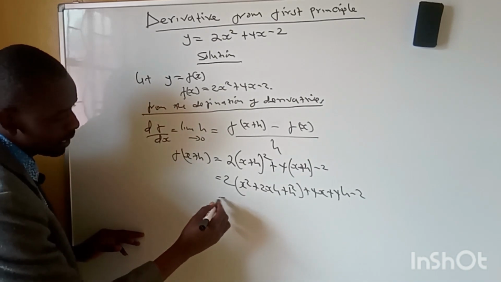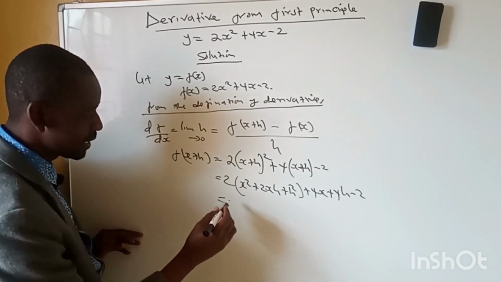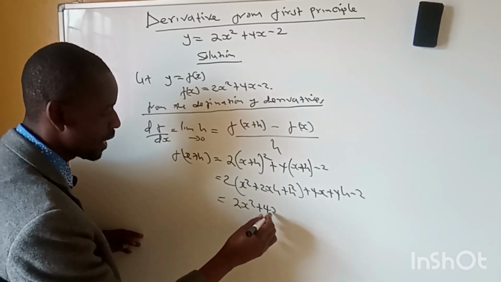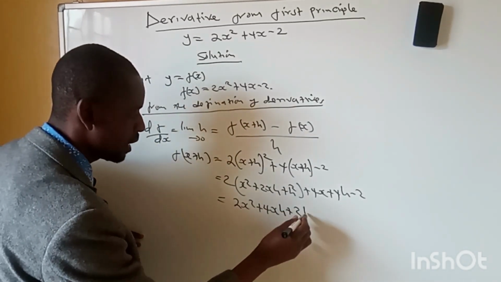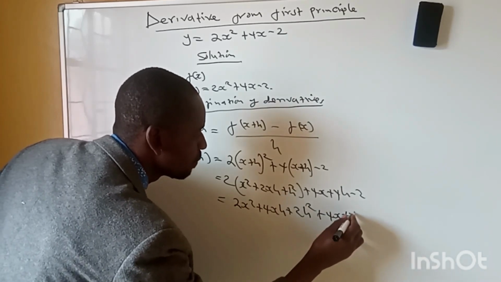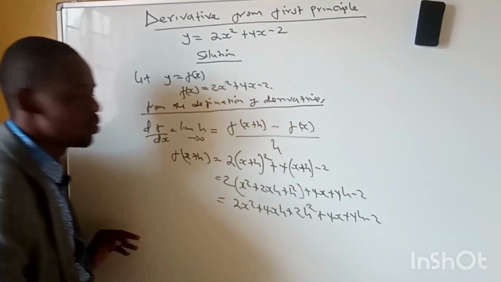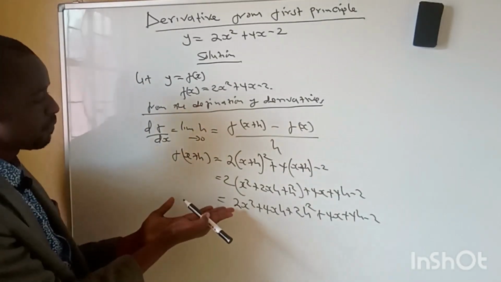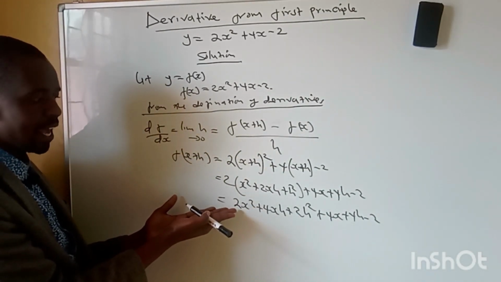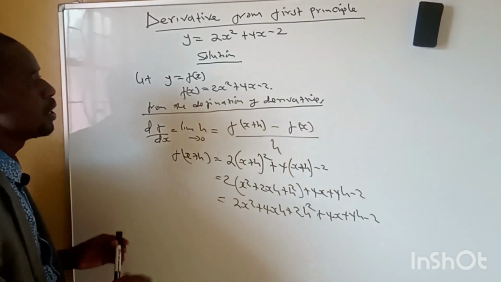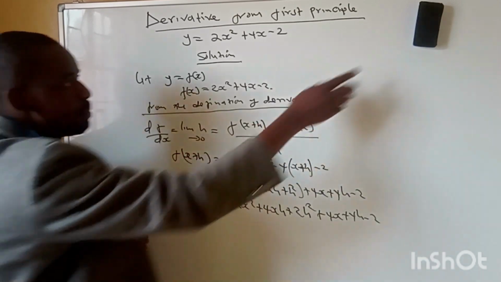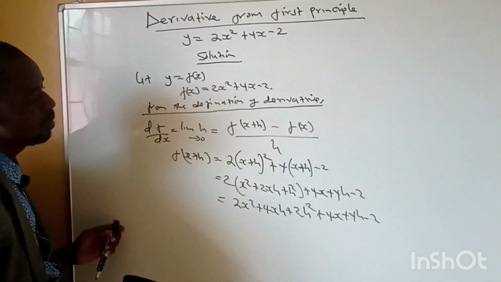When you open up the bracket, we get 2x squared plus 4xh plus 2h squared plus 4x plus 4h minus 2. So take note that this is now f of x plus h. We want to substitute back into our formula.